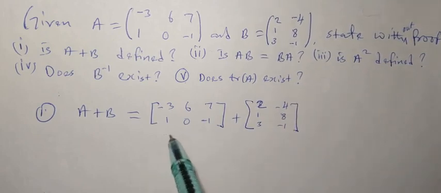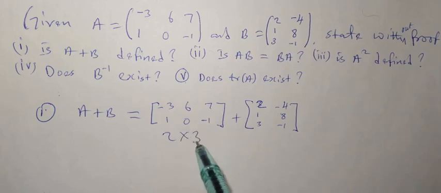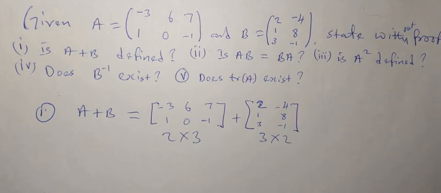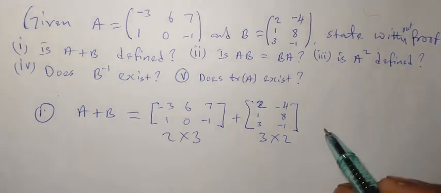You look at this, this is a 2 by 3 matrix and this is a 3 by 2 matrix. If it were multiplication, this could go, but because it is addition, it cannot.